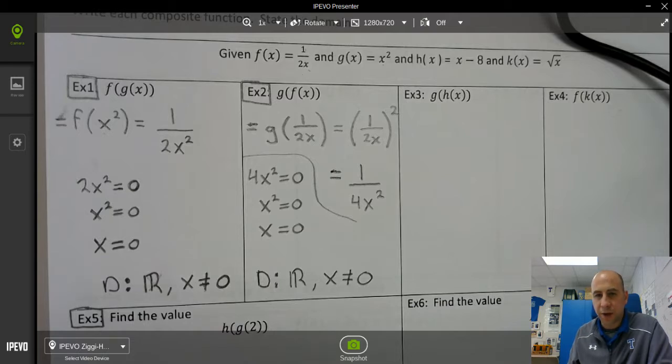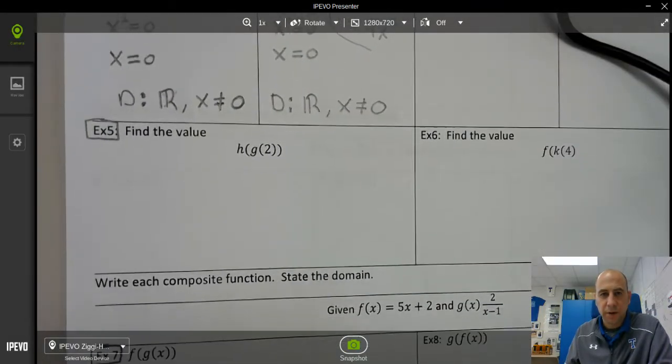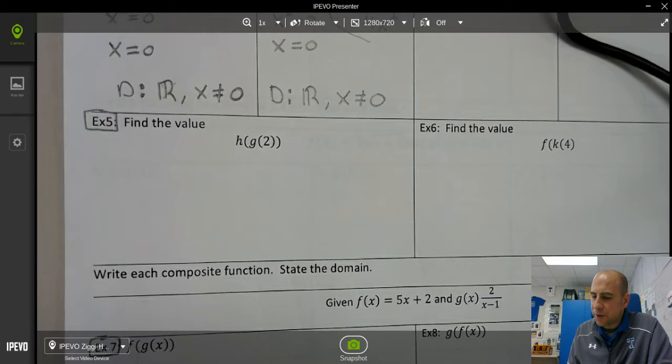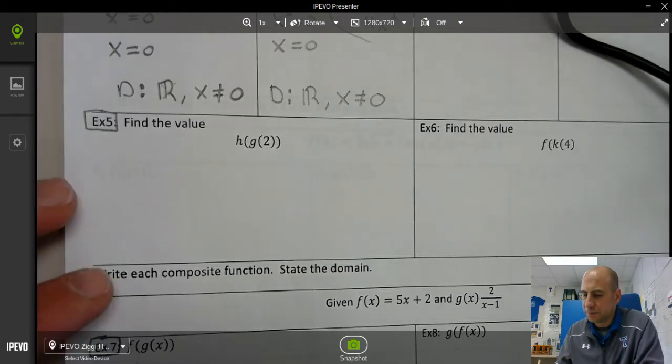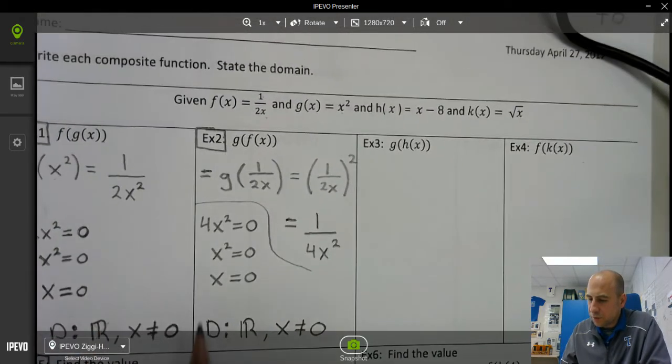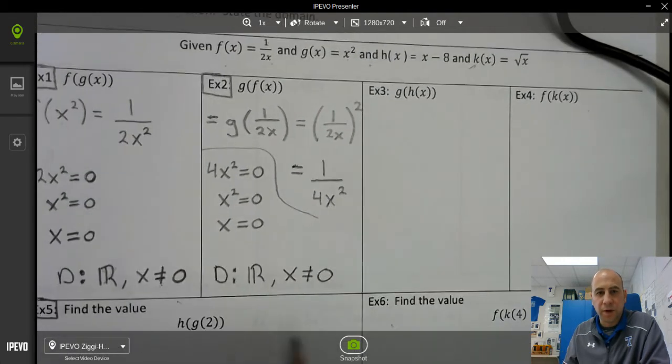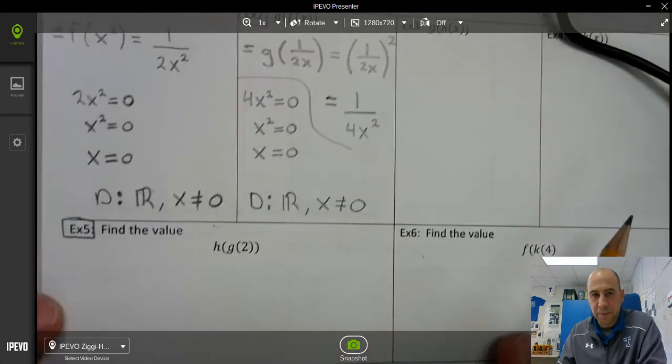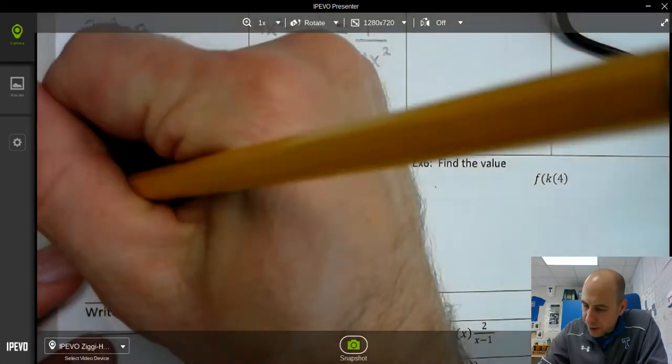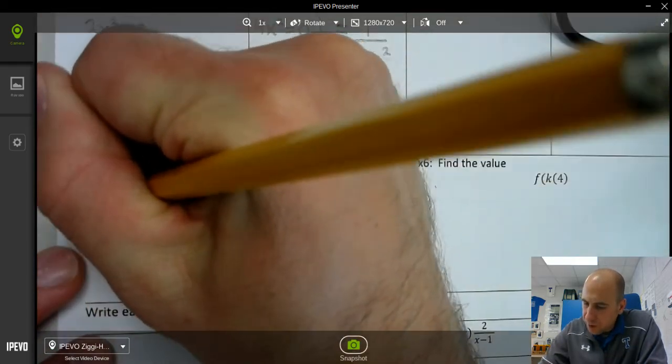All right, so now let's look at example 5. Now example 5 says find the value. We're still using the functions here for examples 5 and 6, so we're coming back here, okay? So example 5. That's h of g of 2.